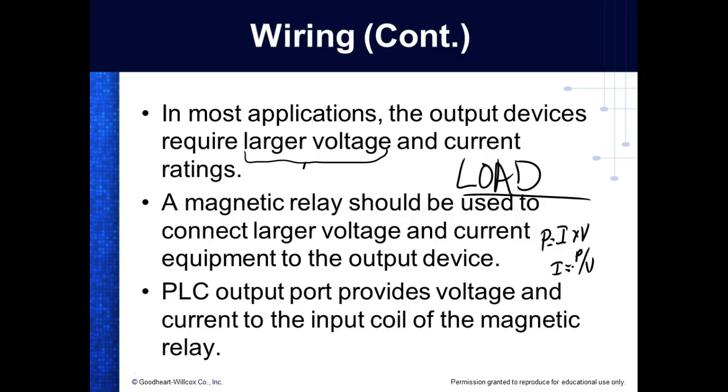PLC output ports provide voltage and current to the input coils of the magnetic relay, and the relay picks up the device, right? So we're not doing away with relays. We'll still have relays in PLCs. You'll see a lot of them. It's just going to be a lot less of them.